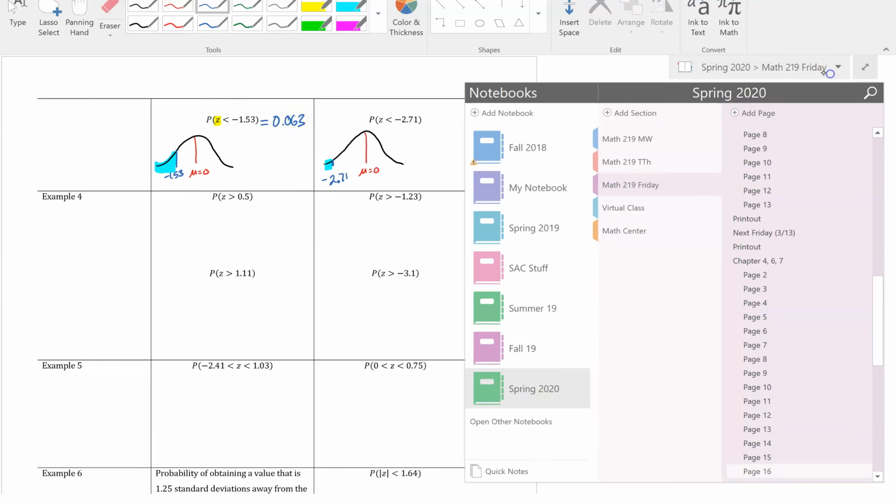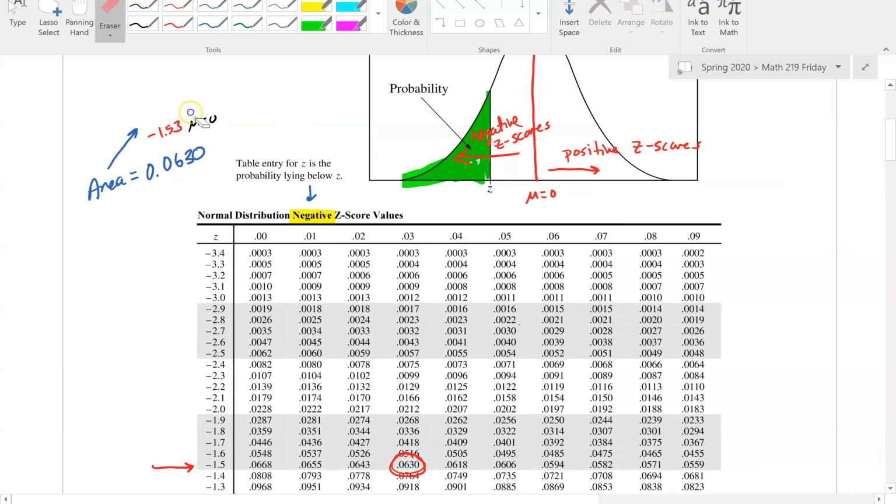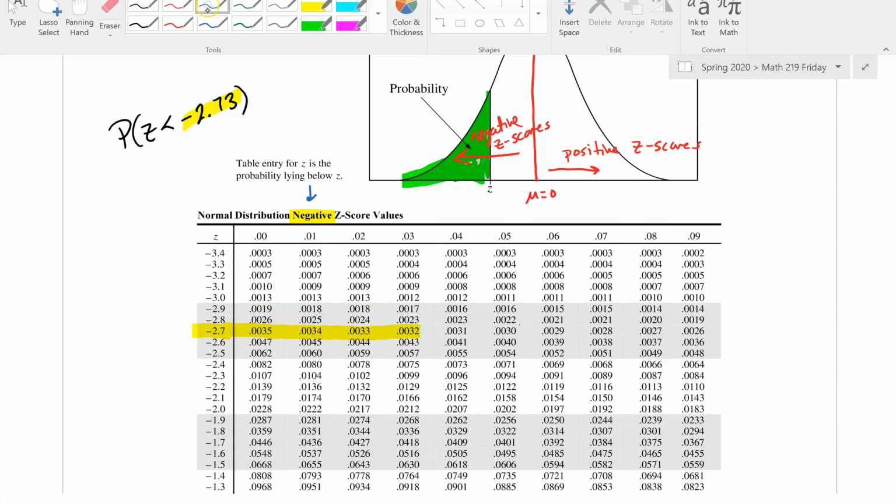So let's go see. Back to the negative z table. Erase all this work. I'm looking for the probability that z is less than negative 2.73, I think it said. So find this z-score. Go down and look for negative 2.7. There it is. Where the negative 2.7 and the 0.3 combine, that's the area to the left of negative 2.73. 0.0032.